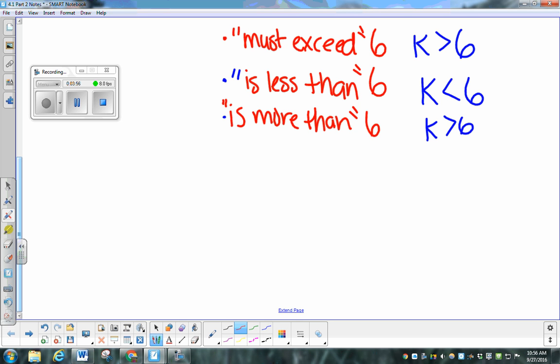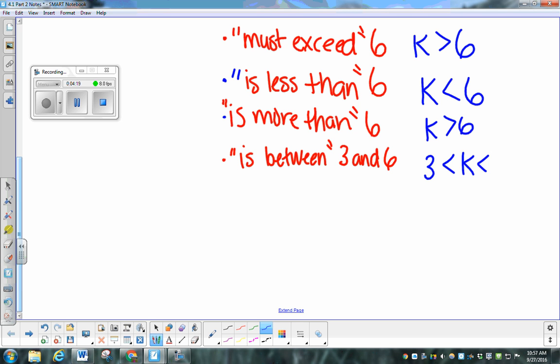Our next phrase is "in between" or "is between." So I might say something like k is between, and let's say in this case we're using the numbers 3 and 6. So k is between the numbers 3 and 6. In this one, we know k is going to be in the middle. It's got to be bigger than 3 and less than 6. And this is important here. If it says is between 3 and 6, that does not include 3 and 6.